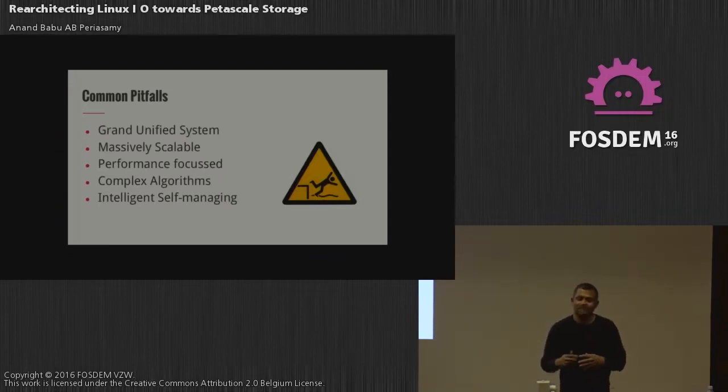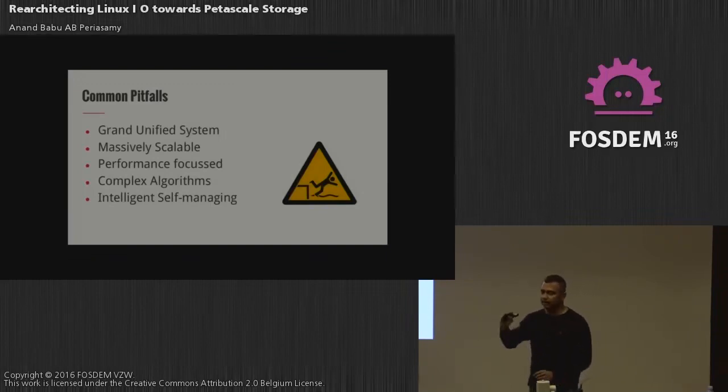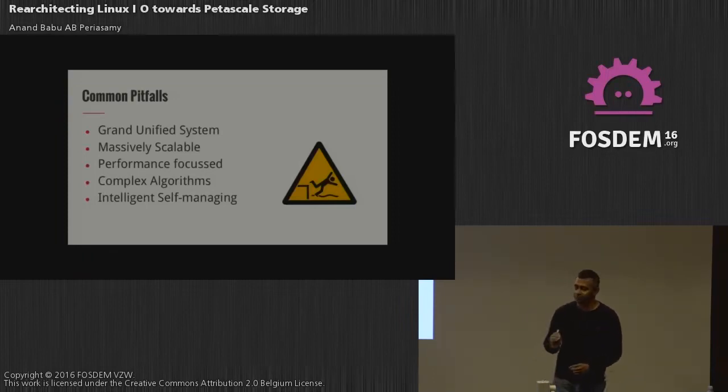It is very tempting as an architect: you solve the hard part, and with a little more effort, you can build a grand unified storage, one storage system that can be file, block, and object. In reality, it is very hard. You end up building a Swiss Army knife. So you don't build a system that does many things, you build a system that does one thing much better. That's another takeaway for me from my experience.